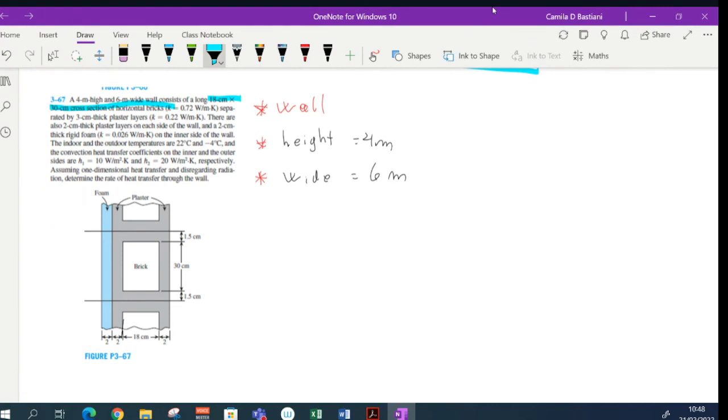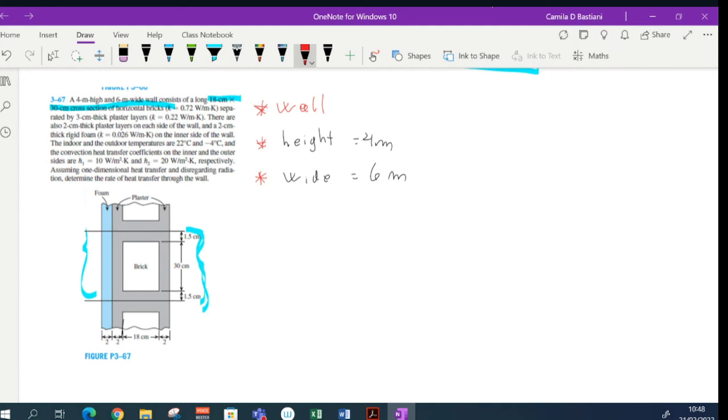And now it goes about describing this section here, okay? So I know the total size of my wall. Here I'm going to be looking at this small section of this wall and how it is built, okay?